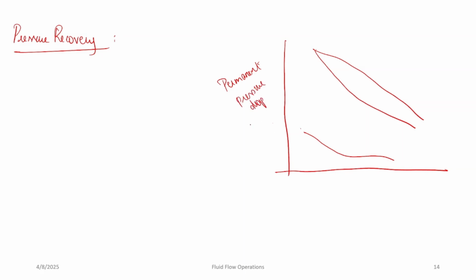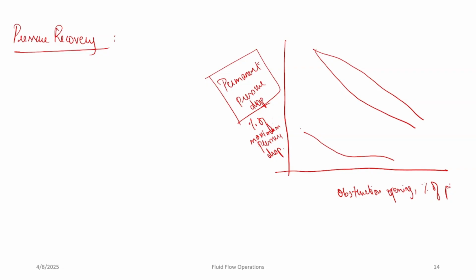Pressure drop, or percentage of maximum pressure drop, and this is section opening percentage of pipe.